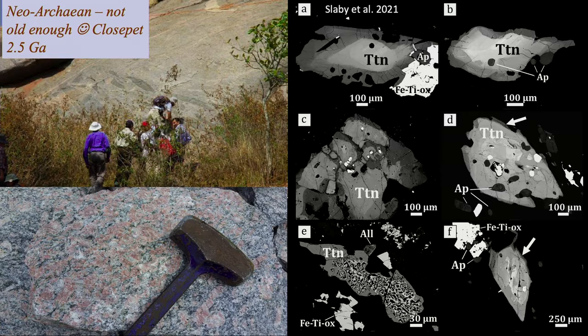And we did research on the late Archean hydrothermal system. Here are some titanites which are changed due to fluid-mineral interaction. And looking for an explanation of too old, too young, I can tell you 2.5 billion years is not enough for the present lecture.